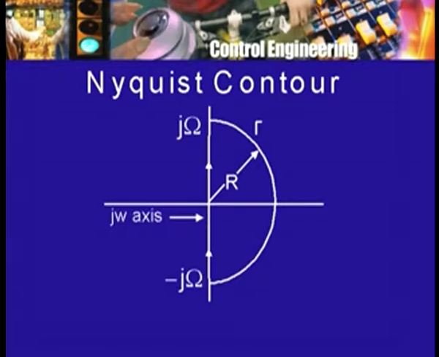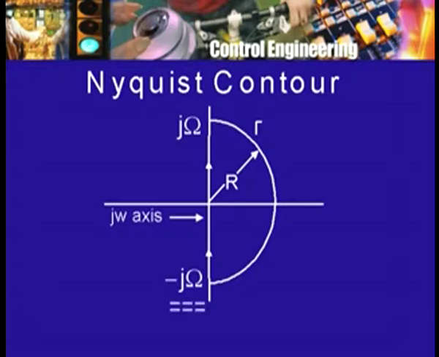Choose a part of the j omega axis, and we can choose it in a symmetric fashion. So, let us say an upper limit here is j capital omega. This omega is not to be confused with speed, it is just some real number. Of course, we will interpret it as frequency, as you will see.